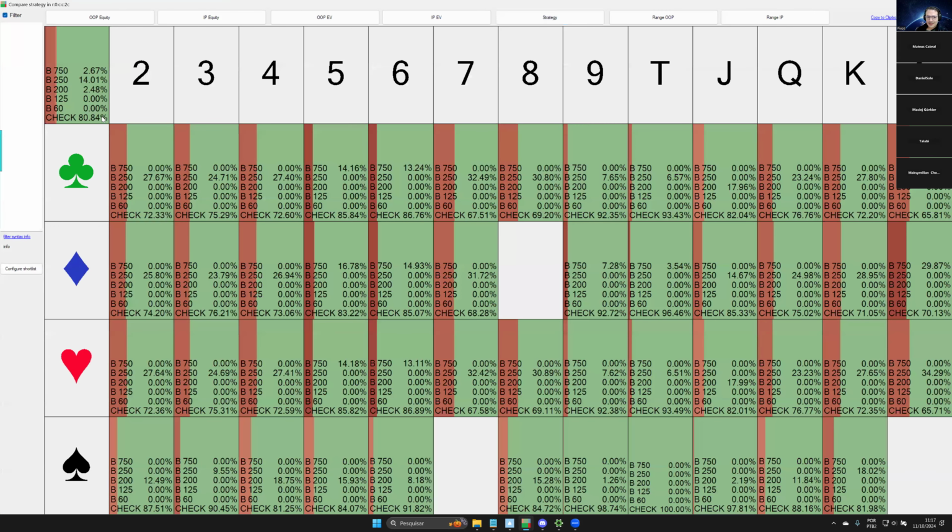So we have 80% checks. Wow. Why is that the case? Why so many checks?